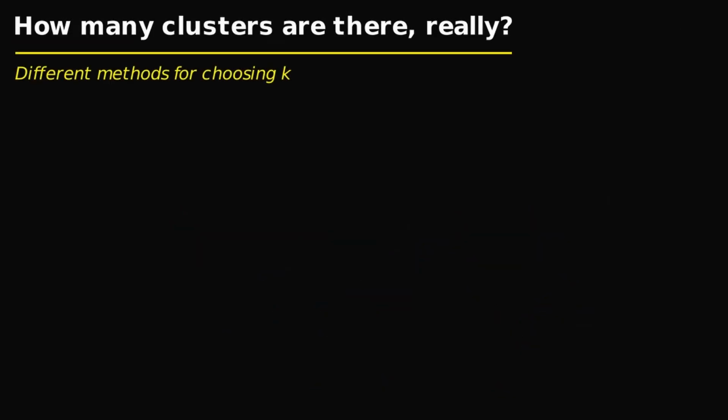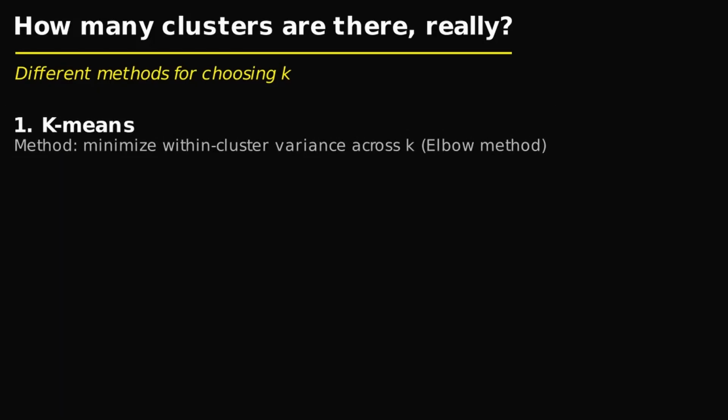We now return to the 3 algorithms discussed in the previous video. They share a similar computational structure, but rely on different methods to choose the number of clusters. In all cases, we run the algorithm for a range of values of k. For k-means, we minimize the within-cluster variance and look for an elbow as k increases.